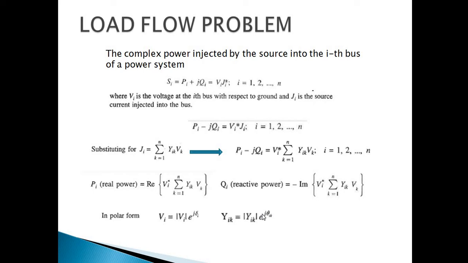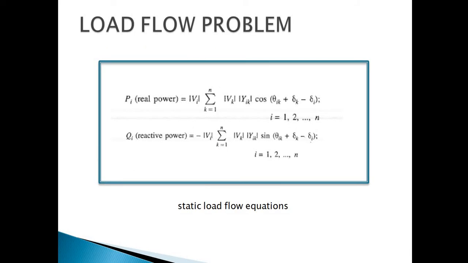Now you have to understand this one. You have also the V here. If you add all these equations, you have delta ik from the Yik, plus delta k from Vk, minus delta i. What does it mean?